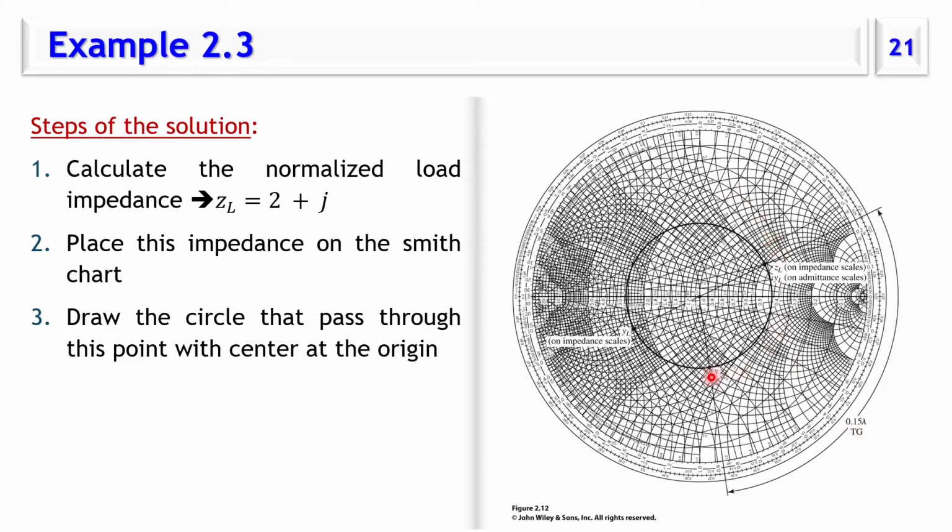So this would be the Z input point. If we want to find Y input, either we read this point on the admittance scale or we go here to find the point on the impedance scale. I prefer to use one scale and just use the 180 relationship to move from admittance to impedance, to avoid having all of those lines, which is really confusing.